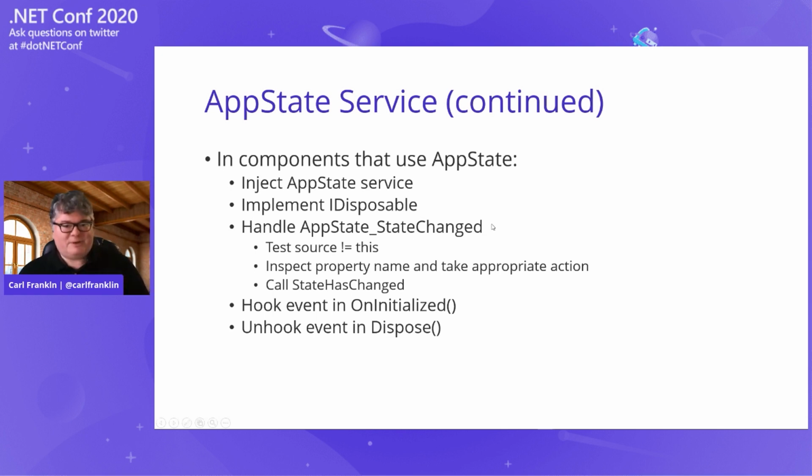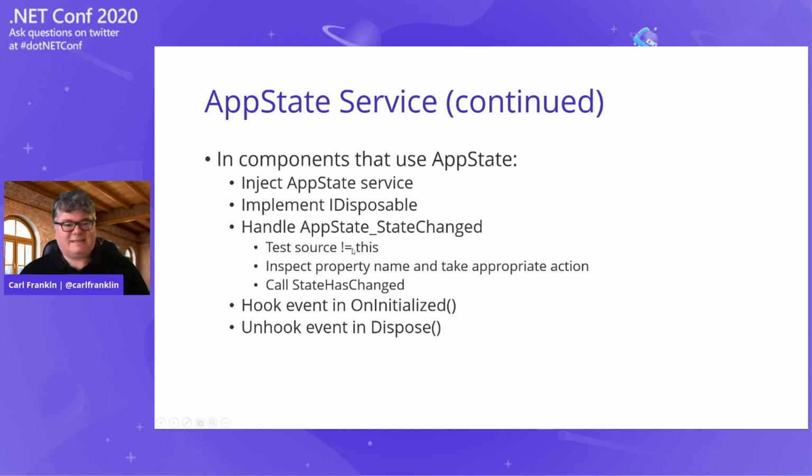And there's two parameters, a source and a property name. So the source gets set by whoever raises the event. This is my component. And the reason I do this is so that I can check to see if it's not me before I act on it, because I'm handling it and yet I may be raising the event, but I want everybody else to get the event, not me.